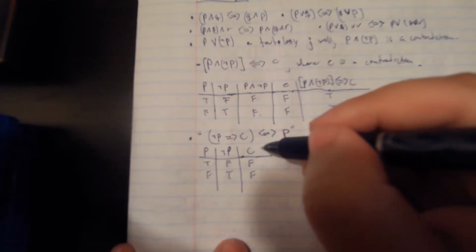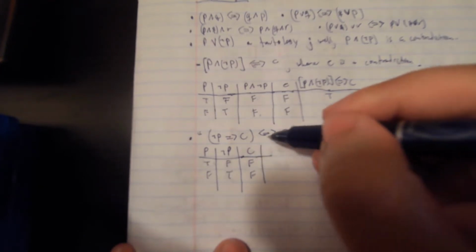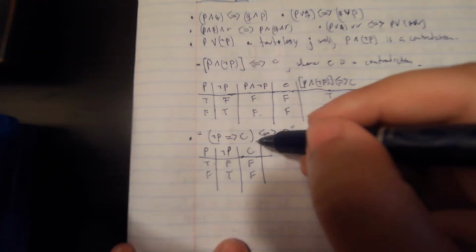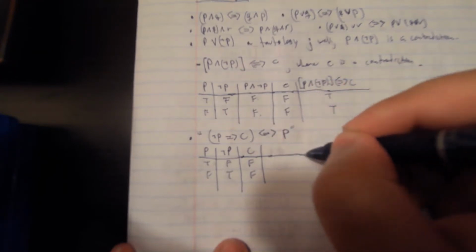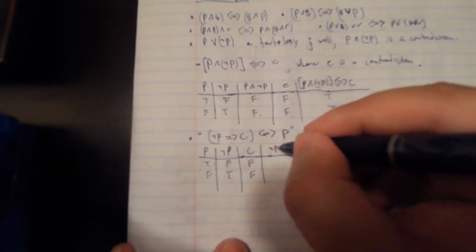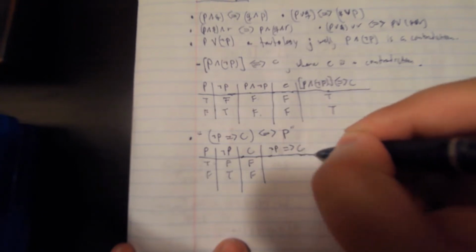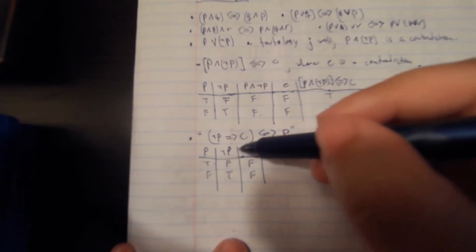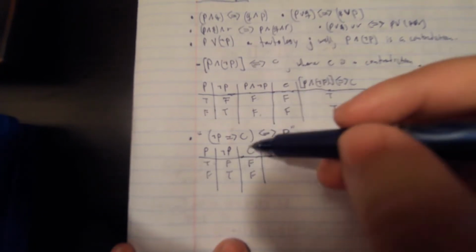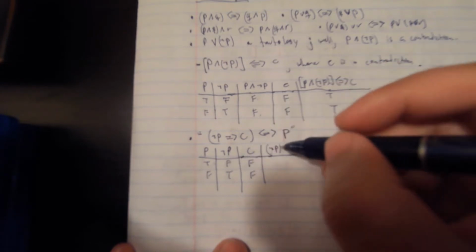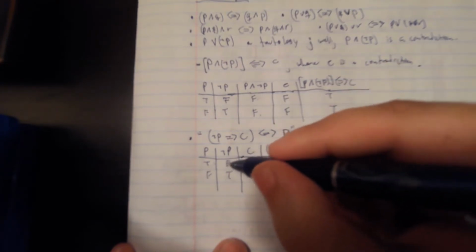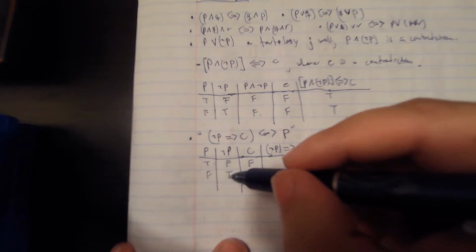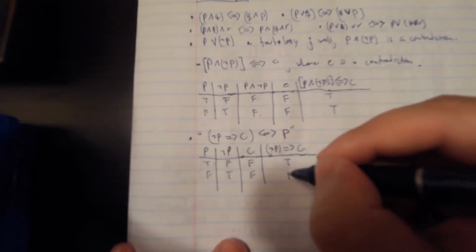And what are we actually looking at? We're looking at if and only if this, which is C. Oh, okay. We're looking at not P implies a contradiction. They're right next to each other. If this is false, this actually becomes true because you start with something false. If this is true and this is false, then this is false.